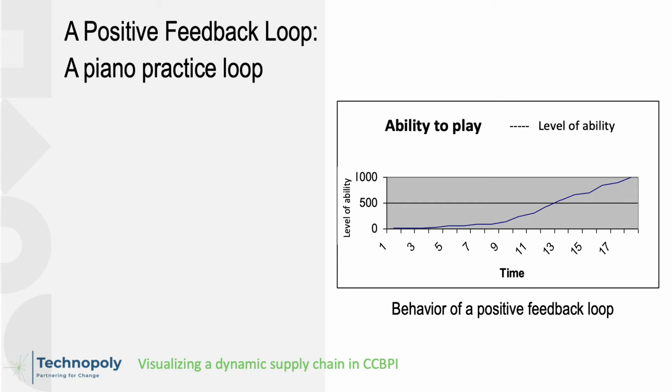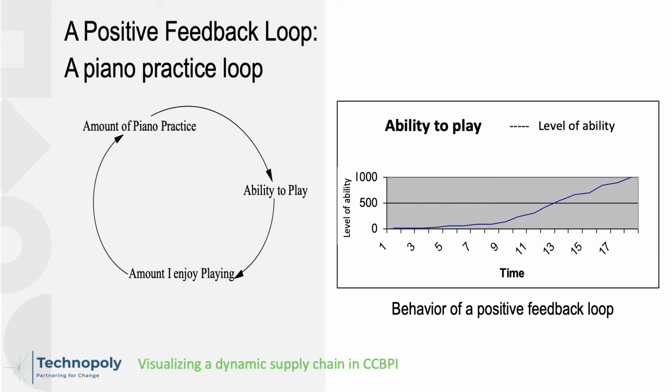So when we describe our feedback loop in piano practice, we start by looking at a series of variables, starting with the amount of time you practice, your ability to play, and the level of enjoyment you have. When you have more practice, it will create a higher ability to play, or it will influence your ability to play.